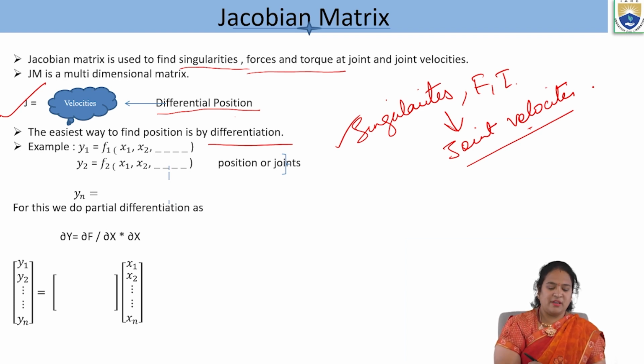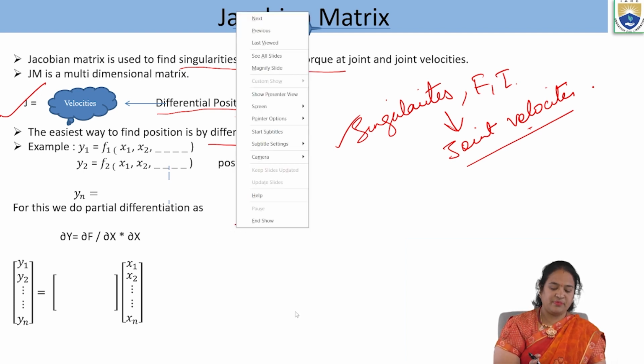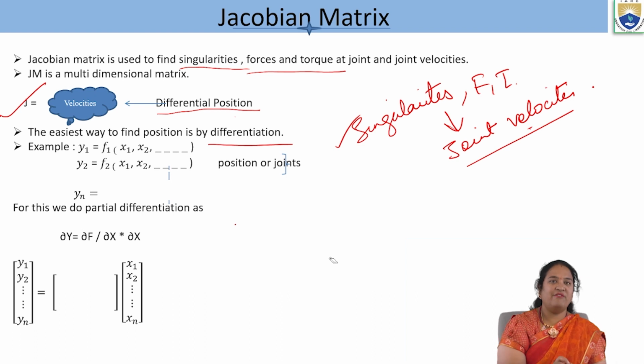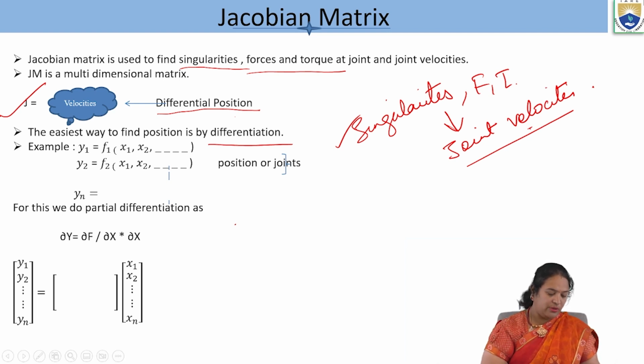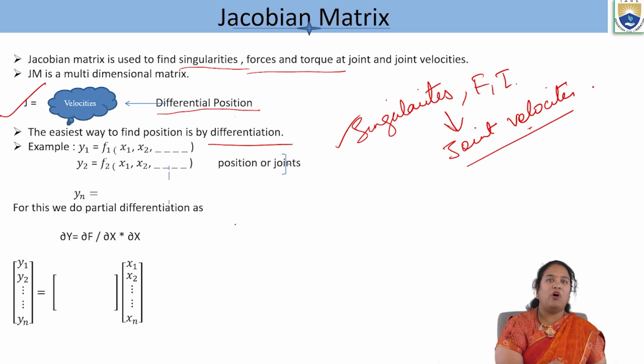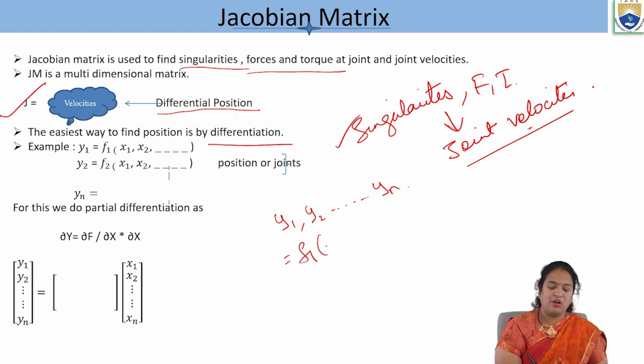For example, we have y1 is equal to f1 of x1, x2, whereas y2 is equal to f2 of x1, x2, and so on up to y n, where y n is f n of x1, x2 and so on up to n positions.